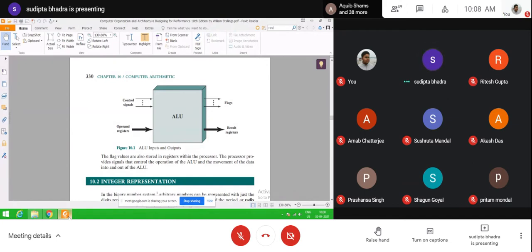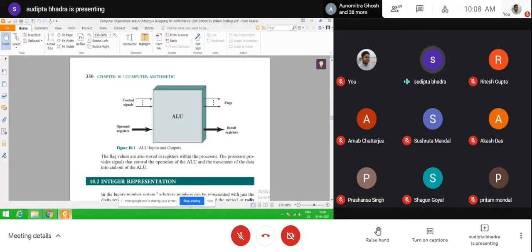All the other components of the CPU, as well as all the other components of the computer like memory and IO, facilitate these particular operations.